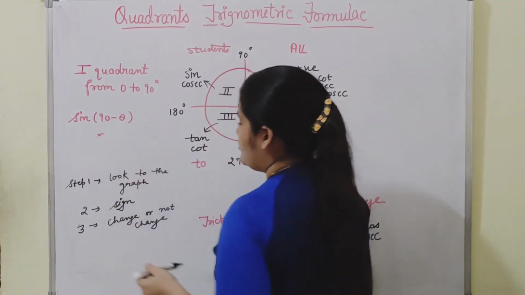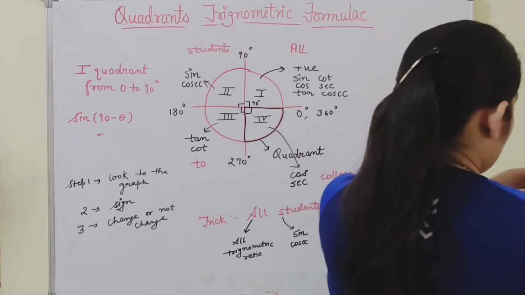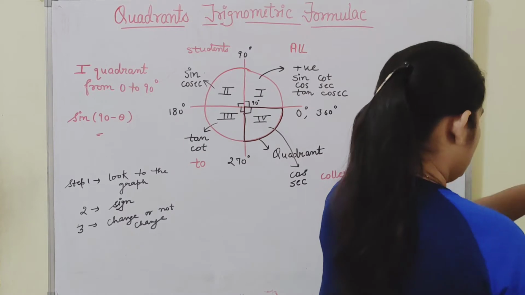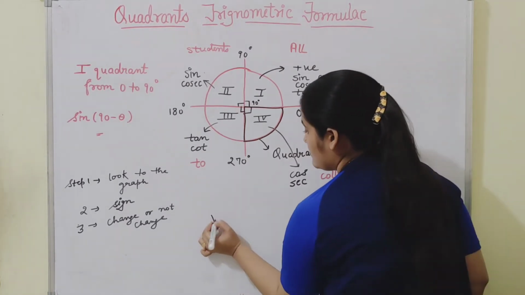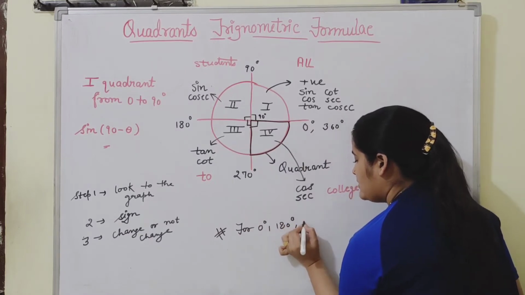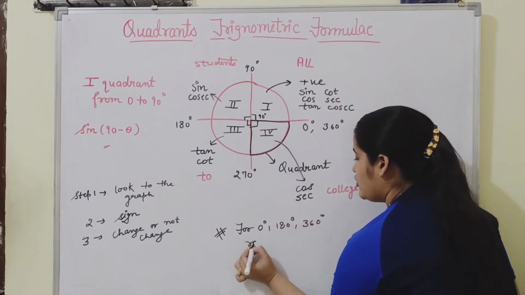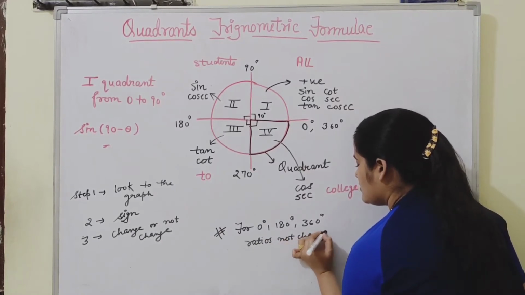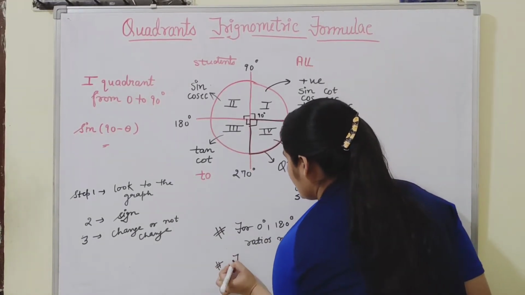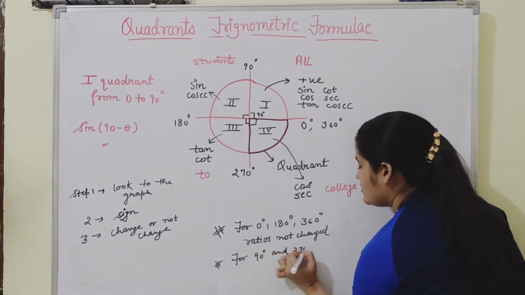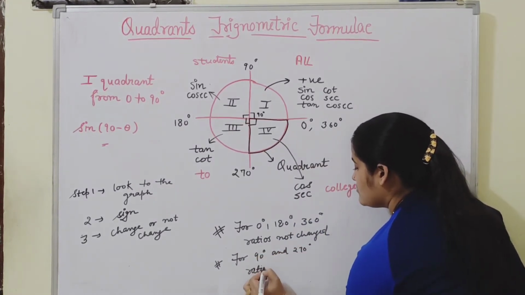To calculate this value, firstly we have to know one more thing. For 0 degree, 180 degree, 360 degree, ratios are not changed. And for 90 degree and 270 degree, ratios are changed.